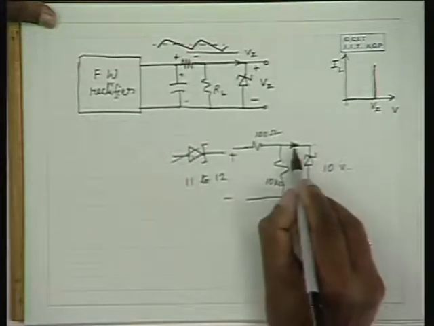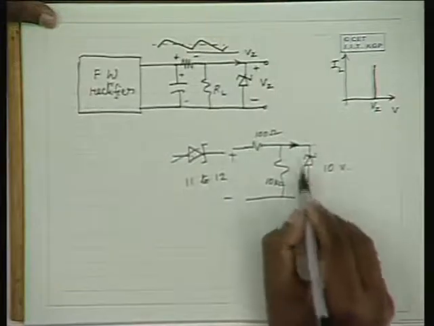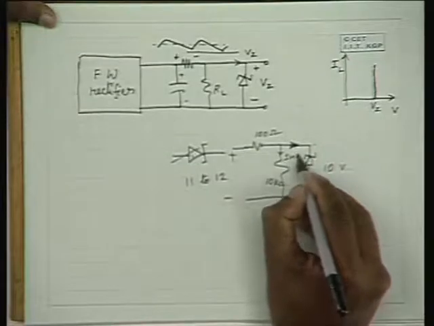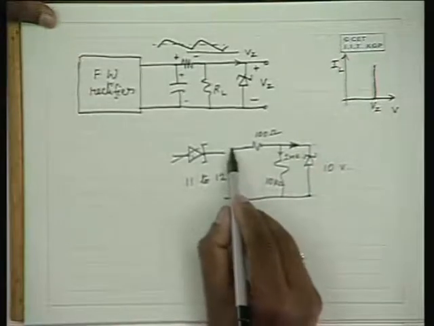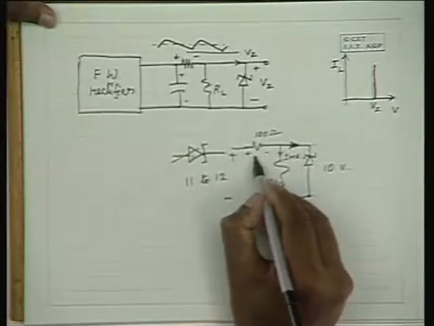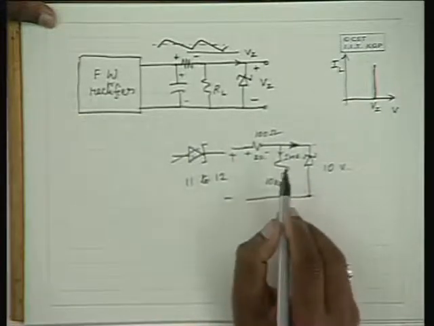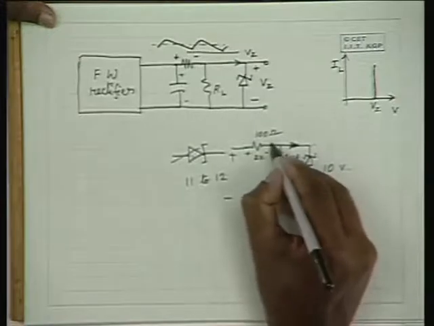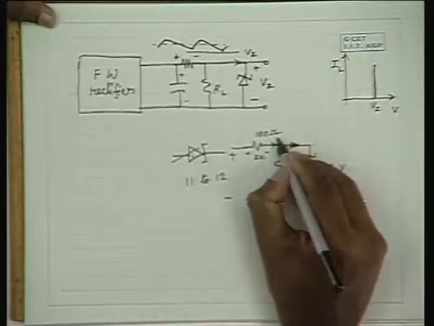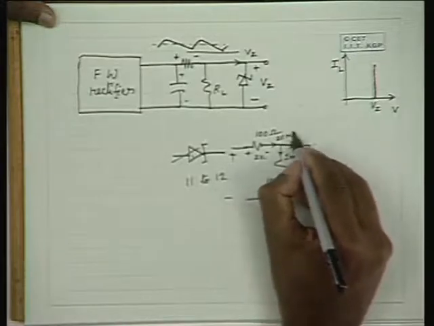So what happens is, it maintains the voltage at 10 volts, and thereby this current as 1 milliampere, and whatever is the difference between 12 and 10, the 2 volts would be the drop across this, and to maintain that, the current that needs to flow through this is 2 volts by 100 ohms, 20 milliamperes.